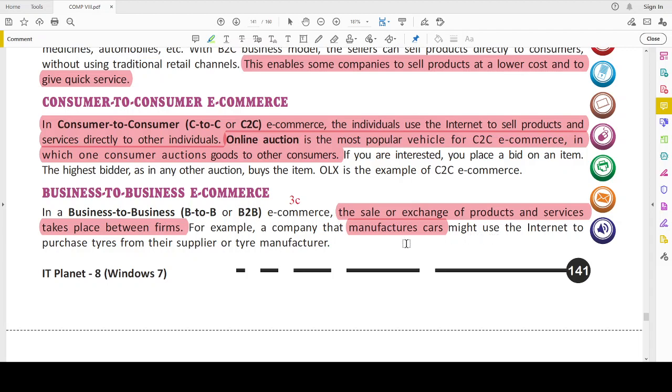And for a functional laptop, the laptop manufacturers need the batteries. So batteries will be procured by laptop manufacturers from the battery manufacturers. So it would be a business to business e-commerce between the laptop manufacturers and the battery manufacturers, right?